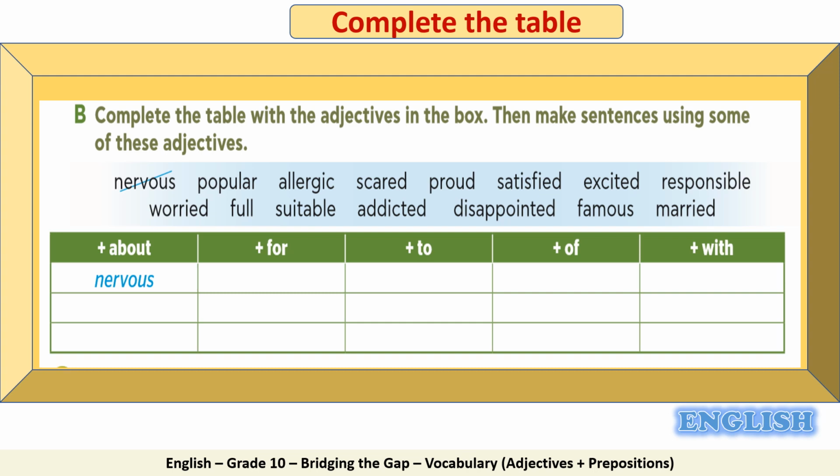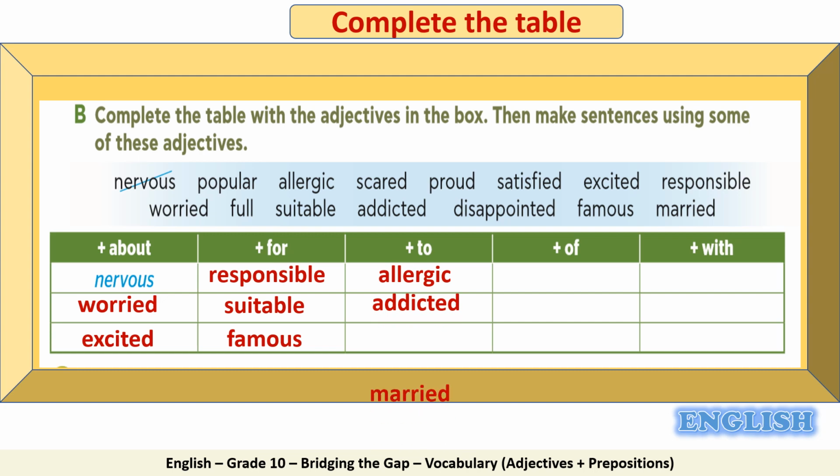With about, we use the following adjectives: nervous, worried, excited. With for, we use the following adjectives: responsible, suitable, famous. With to, we use the following adjectives: allergic to, addicted to, married to.